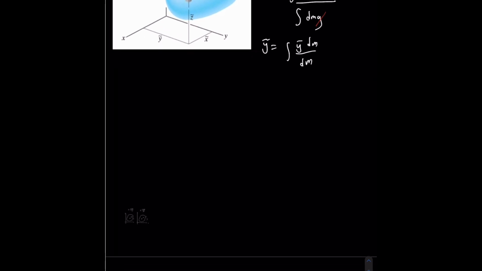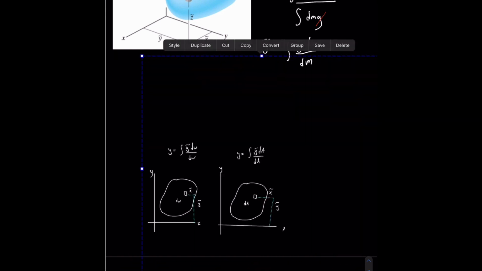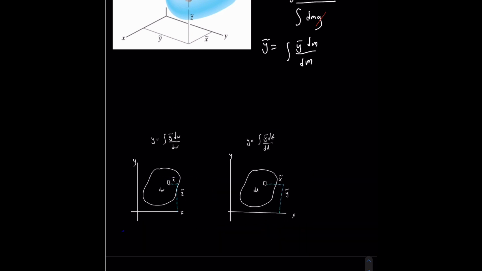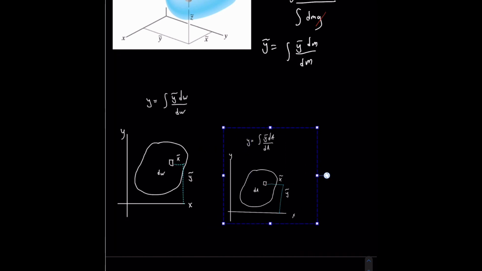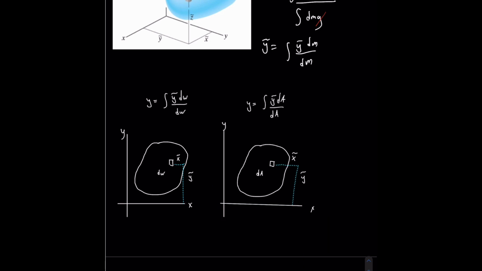Right here. And now I think I should just talk about this a little bit, real quick. Now, as I said before, these locations for the center of gravity and the center of the area will be basically in the same location. Right here. The only difference is the variables change.